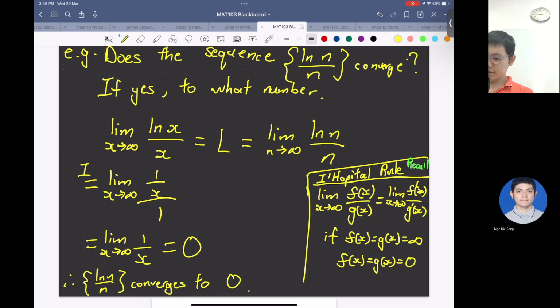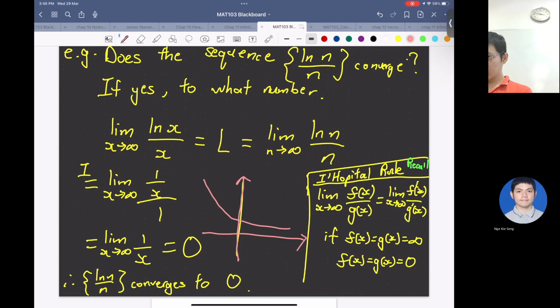Another way you can think of this converging is that the top function increases more slowly than the bottom function increases. That's why it converges to 0. Make sense? Let me graph ln x.